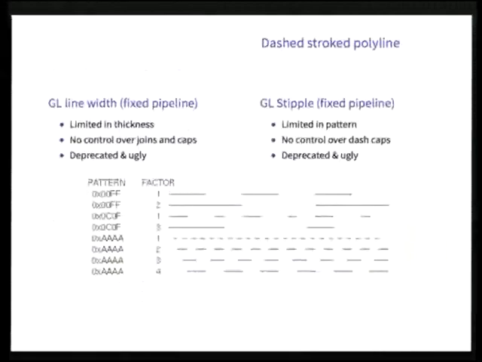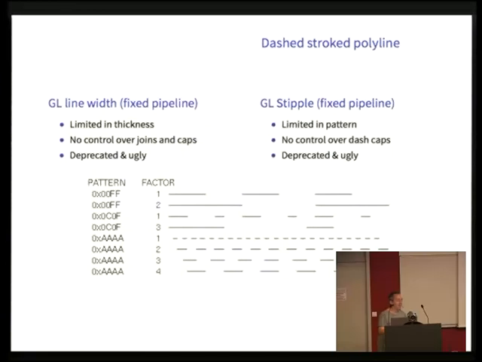So we were okay with the text. So the next stage was to look at polylines. I don't know if you're familiar with OpenGL, but before the programmable pipelines, there was glLineWidth that allows you to control the width of a line.